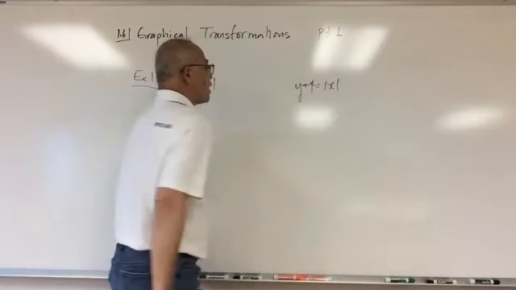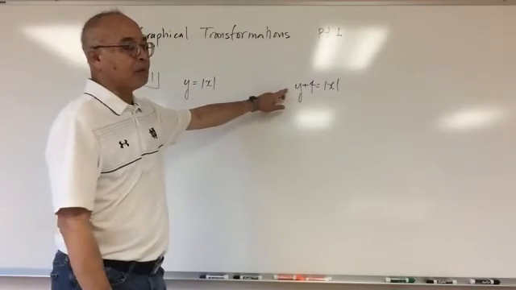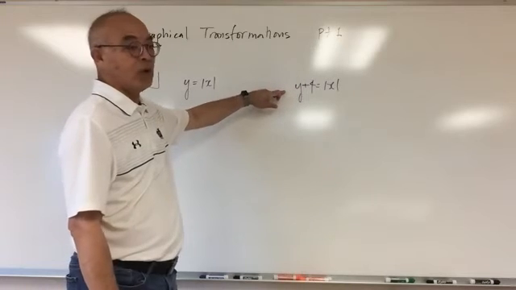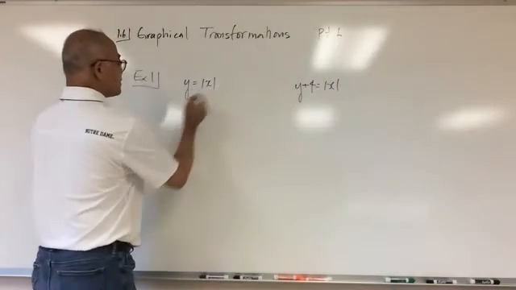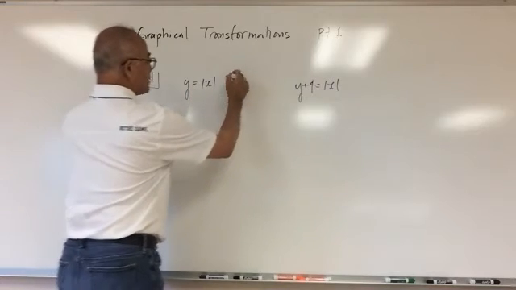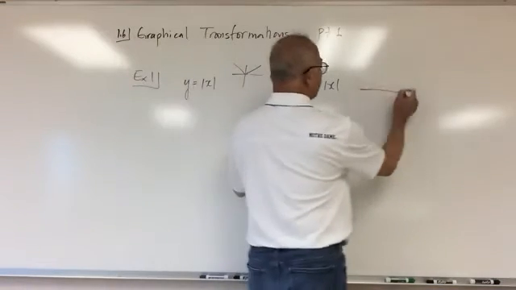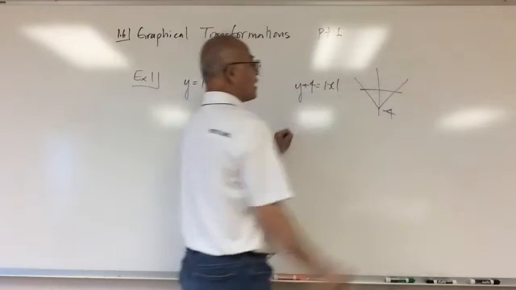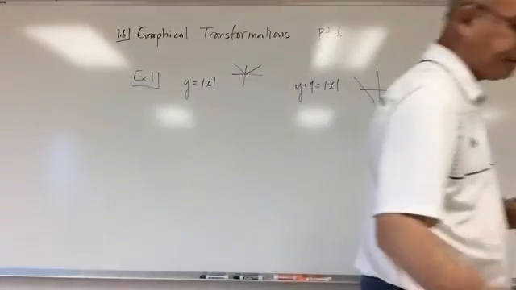Where y used to be, I put y plus 4. That means that I must have gone down 4, correct? So if I start with this, this guy's gonna look like that, right?